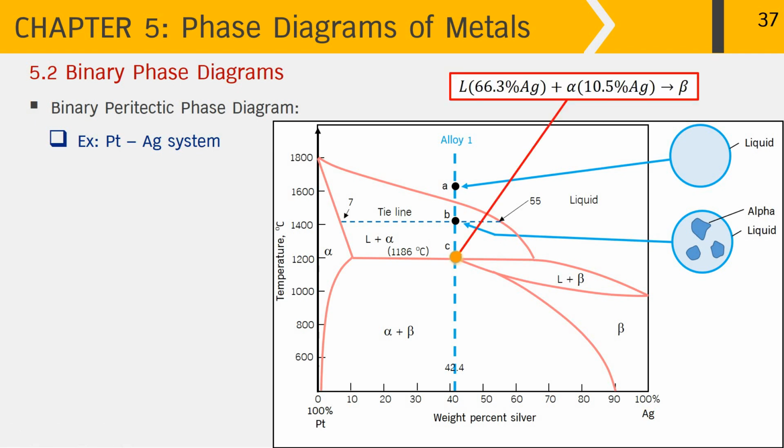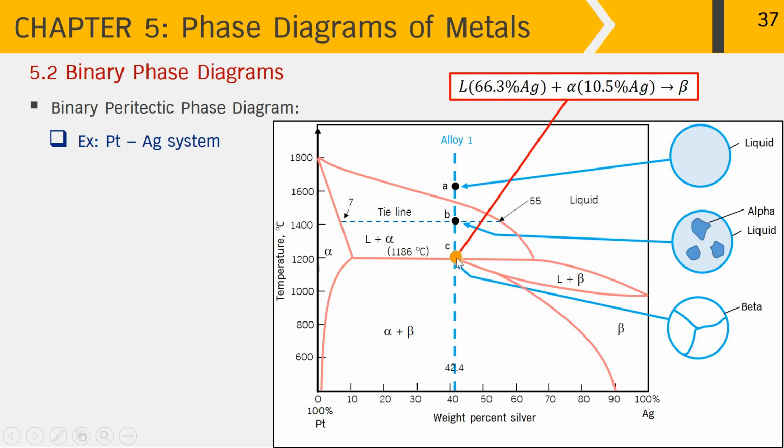Once approaching the peritectic temperature at point C, for the equilibrium condition, the liquid and the alpha phase over here can't stay any longer. They have to transform into the beta phase as one single phase. And so at this point, we have just one single phase of the beta solid solution.